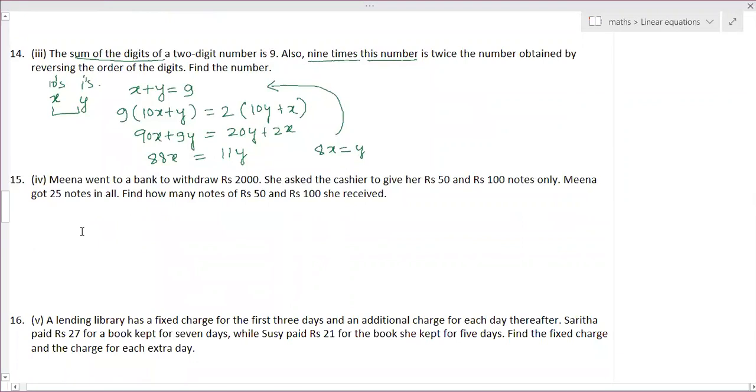Next, Ananya, next answer, equation. So let the number of 50 rupee notes be x, and the number of 100 rupee notes be y. x plus y is equal to 25.